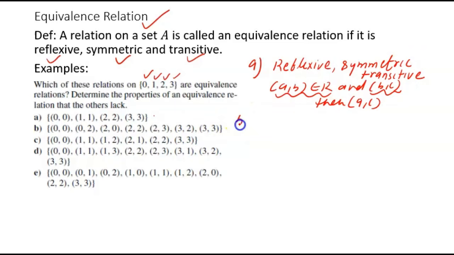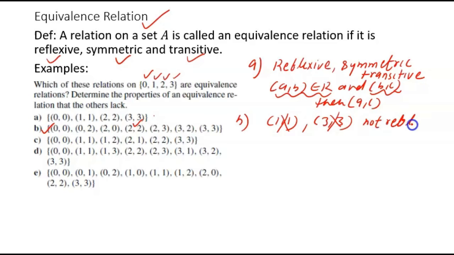Now let us look at the second example. Here we have (0,0) and (2,2), but we don't have (1,1), and the (3,3) element is also not present. So it is not reflexive.